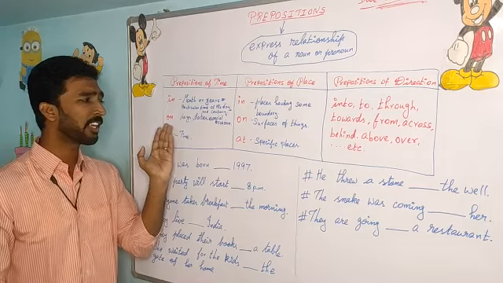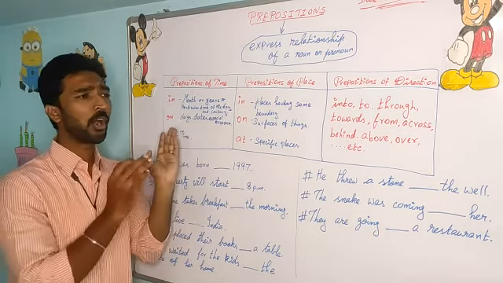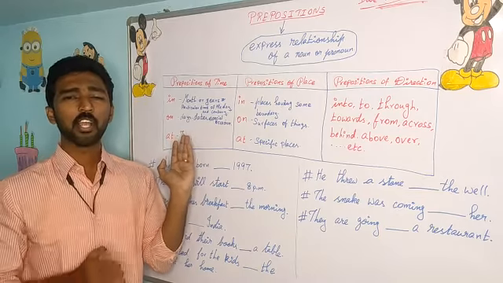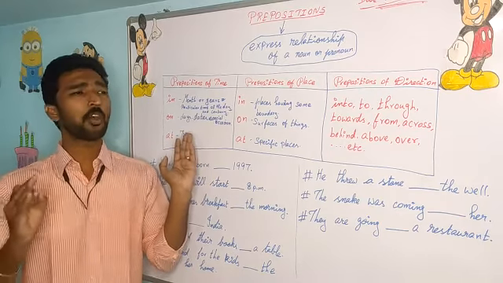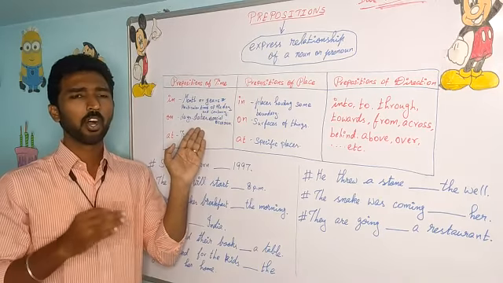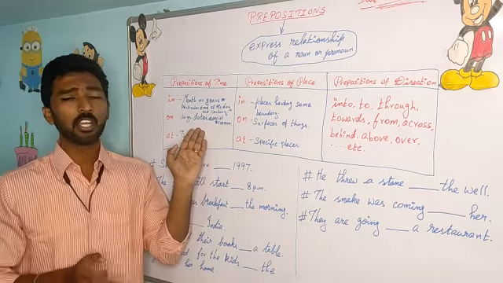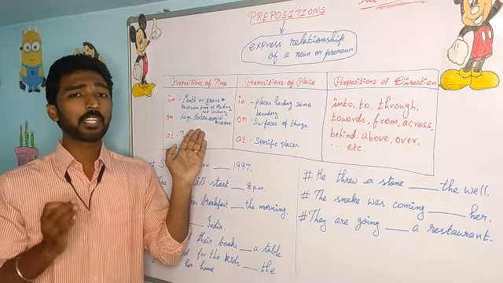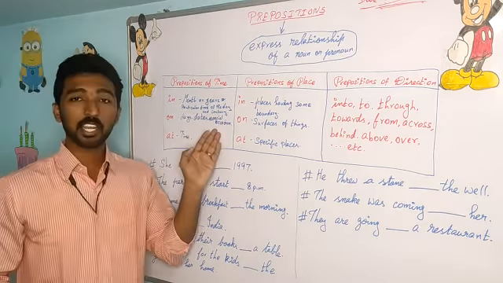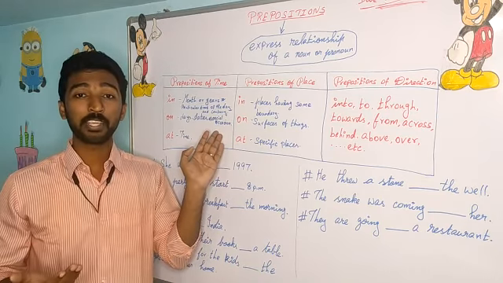And the next thing we have in the list is on, for days: on Monday, on Tuesday, on Wednesday, on Thursday, on Friday, on Saturday. And for dates: on 8th of this month, on 20th of this month, on 20 February 2020, and for special occasions: on my birthday, on my wedding.